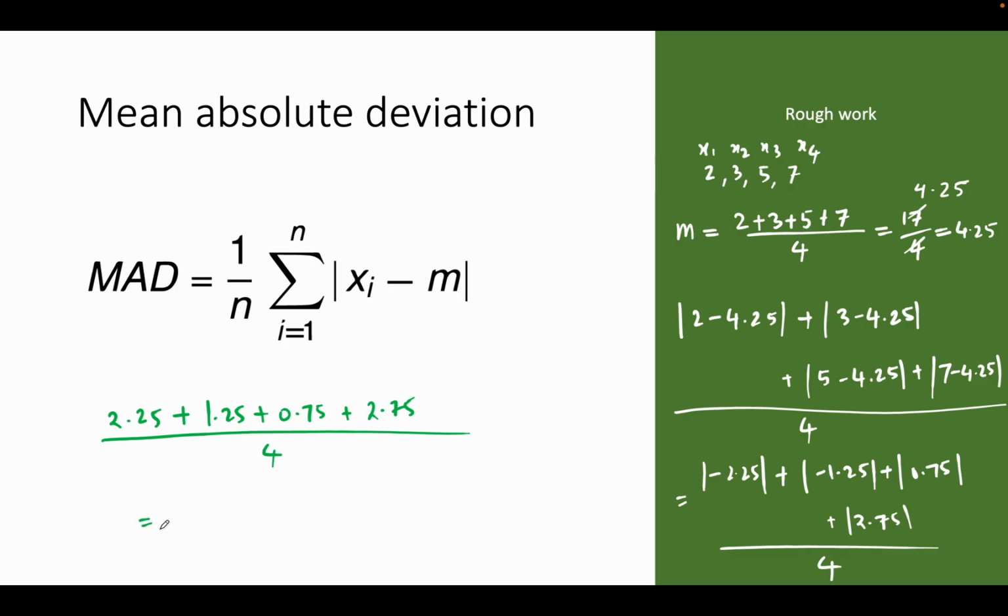On adding, we get 7 divided by 4, which gives us 1.75. So this is the value of the mean absolute deviation. If our mean absolute deviation value is small, that means the data is closely clustered around the mean. It is not far away from the mean value, right?